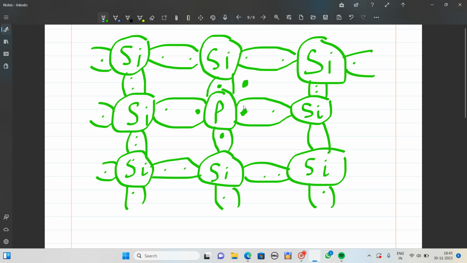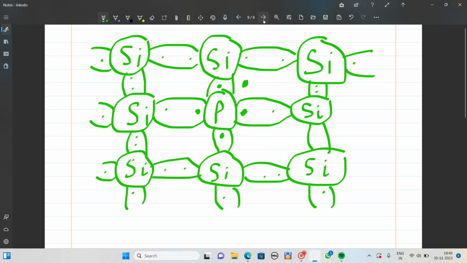So in n-type semiconductors, electrons will be majority carriers and holes will be the minority carriers. Okay, so we discussed the n-type, or we can say negative type semiconductors. That was one part of the extrinsic semiconductor.